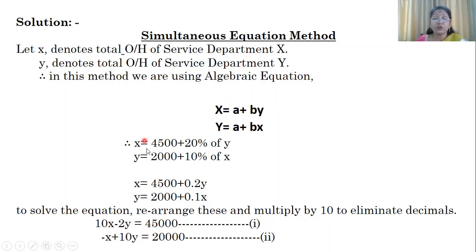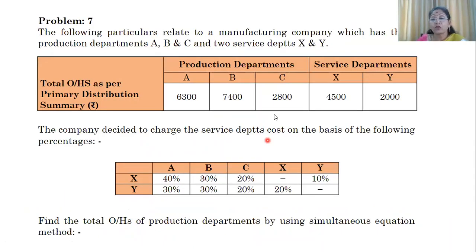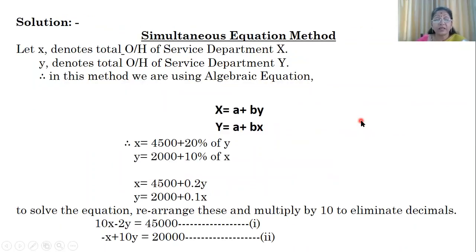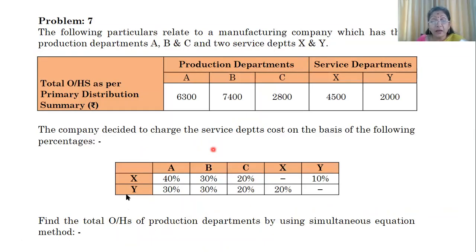X is equal to, what is the overhead of department X? 4,500, and Y 2,000. X is 4,500 plus 20% of Y. We are calculating 20% of Y. Here, how much portion of X is in Y? 20%.